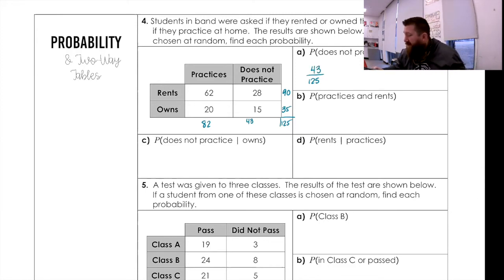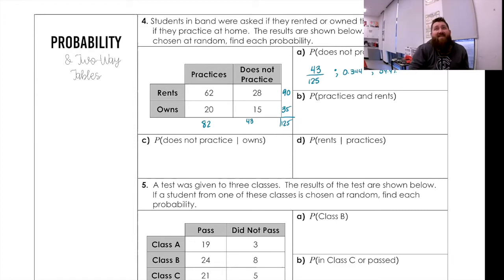It probably is already reduced. It is. And then this data can be represented as a decimal or a percentage. Guys, anytime we represent probability, that data can always be represented one of those 3 ways.